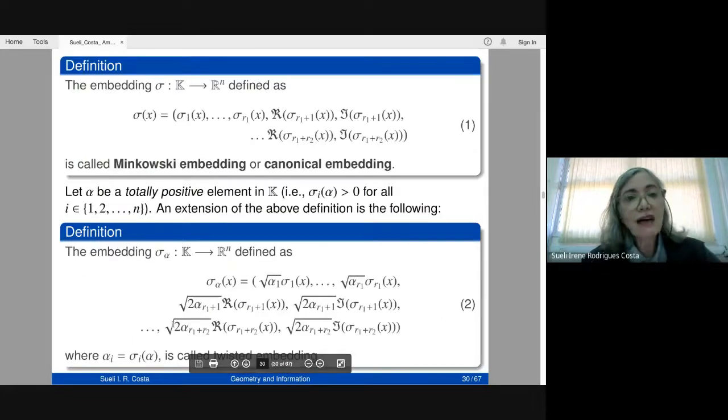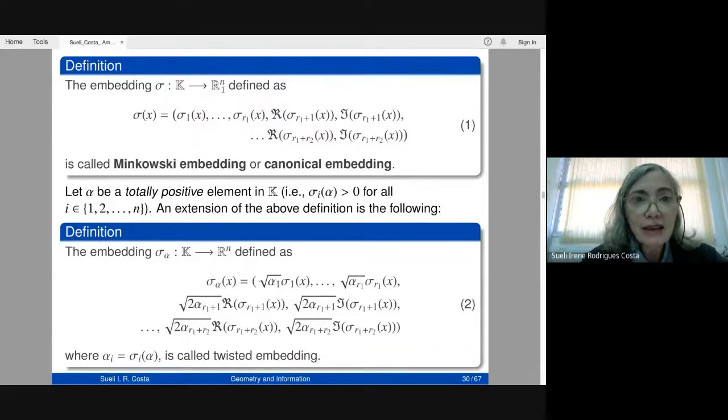What results do we have here? When you consider this embedding, described like that, right? This is called the Minkowski embedding or canonical embedding.